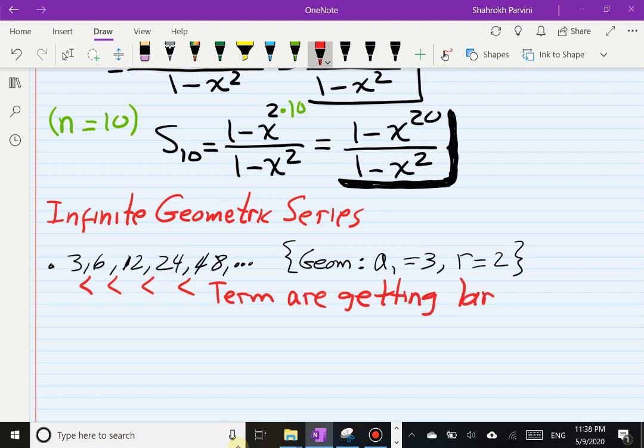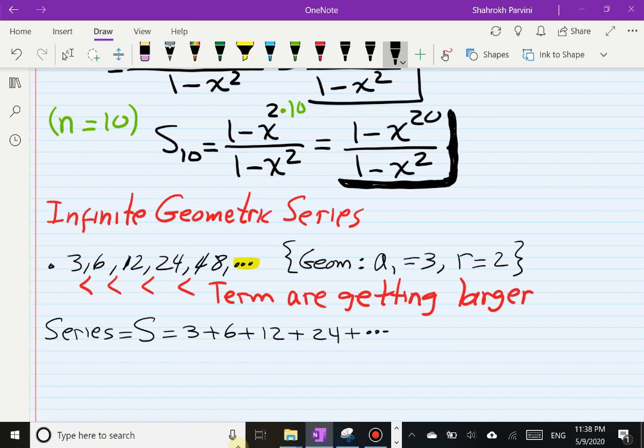Now, when these terms are getting larger, and I know there are infinitely many terms, see that dot, dot, dot? If I want to find the series that goes with this, that's called S. That means I have to do 3 plus 6 plus 12 plus 24 plus dot, dot, dot.